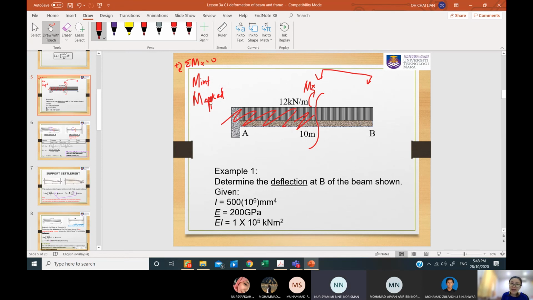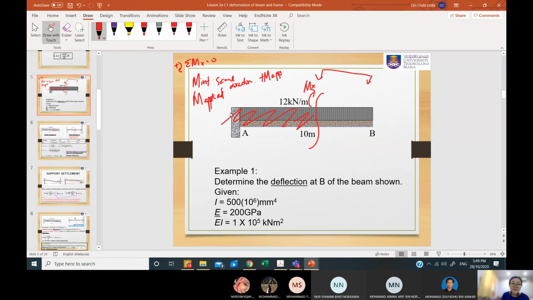Okay, so now, because I want to get my MX written fast, I have to compare this M internal and M applied. So I put a guideline here. If my M internal and my M applied are in the same direction, which means they are acting either clockwise, both of them clockwise, then my moment applied will be a positive moment applied.